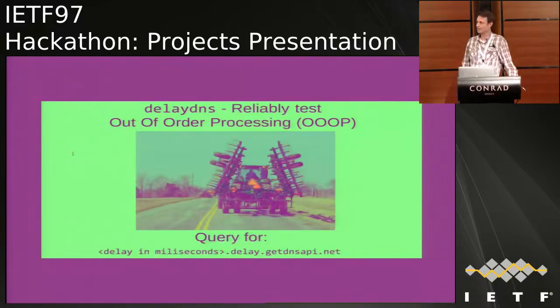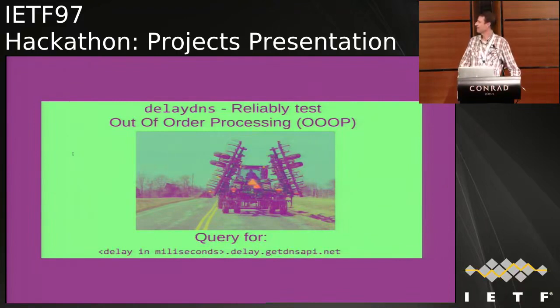In addition to that, we also implemented a reliability test. So you can check if your resolver supports out of order processing for TLS. There's a DNS service running, and it has an excellent feature that you can actually make the tractor as large as you want.